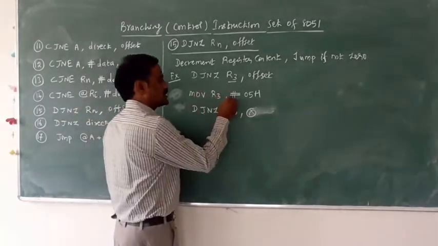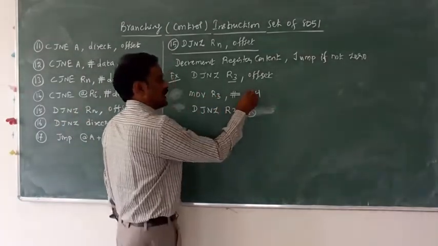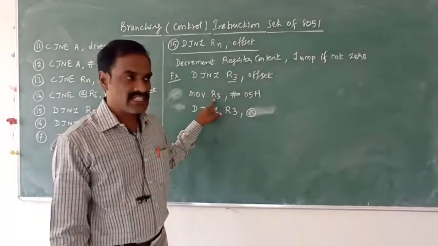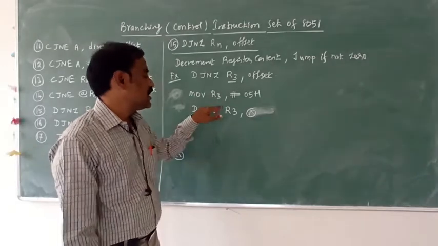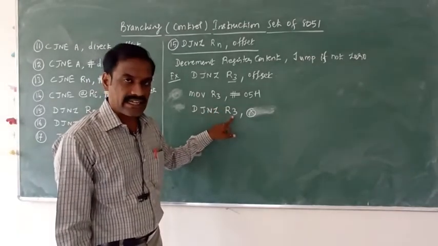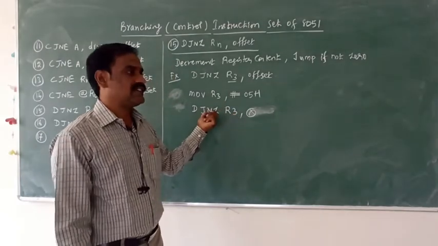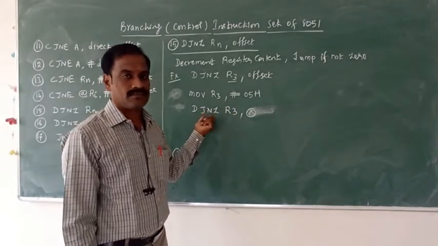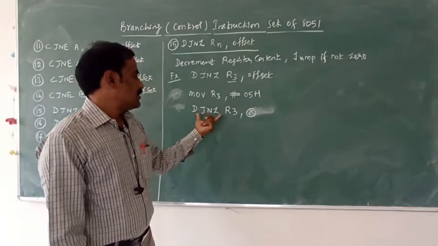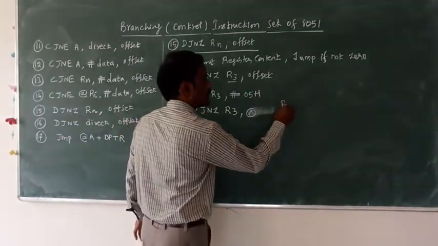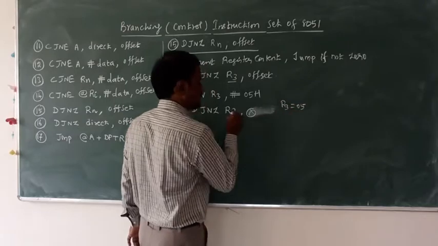Here MOV R3, #05. Now the 05 data is moved to the R3 register. Now we decrement the R3 register content once, and after that we check whether the result is 0 or not. Register R3 equals 05.